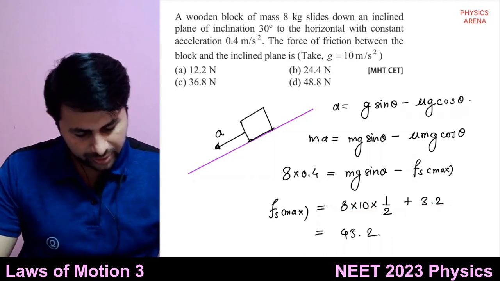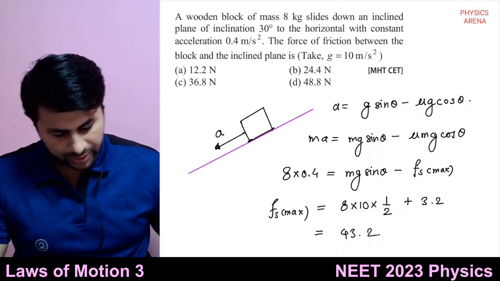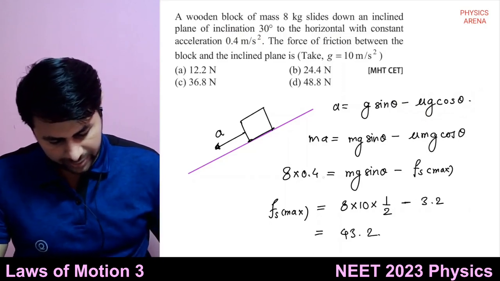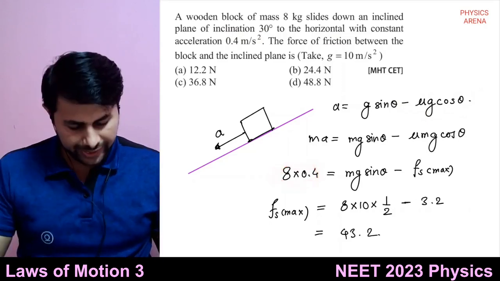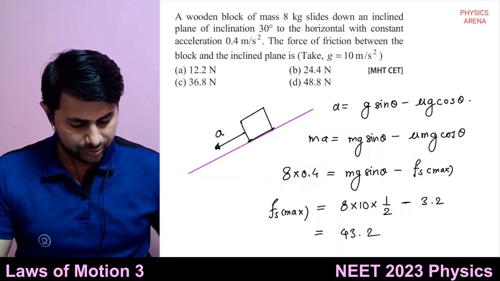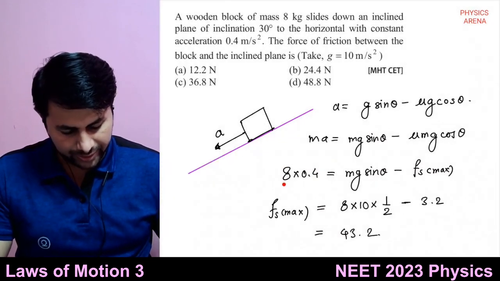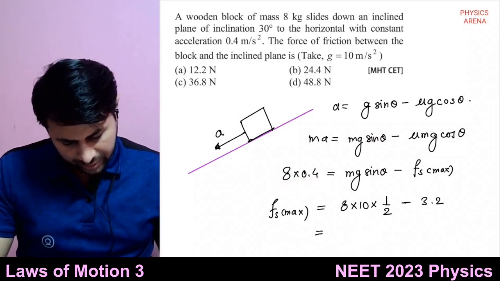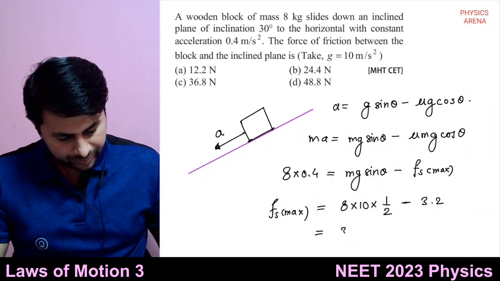Sorry, there is a sign mistake. This will be negative. I'm adding this. So 8 multiplied by 0.4 is 3.2. If I take it on the right, it will be negative. So it is 36.8, right?